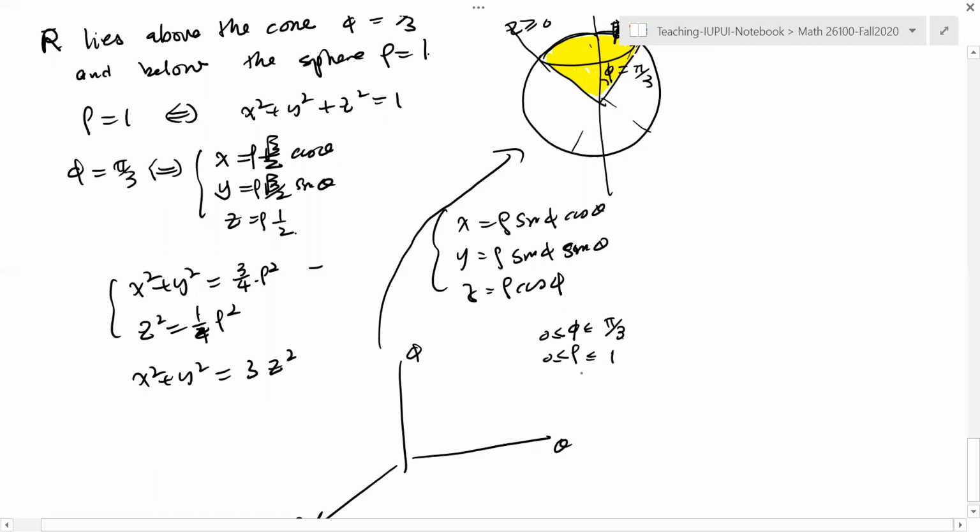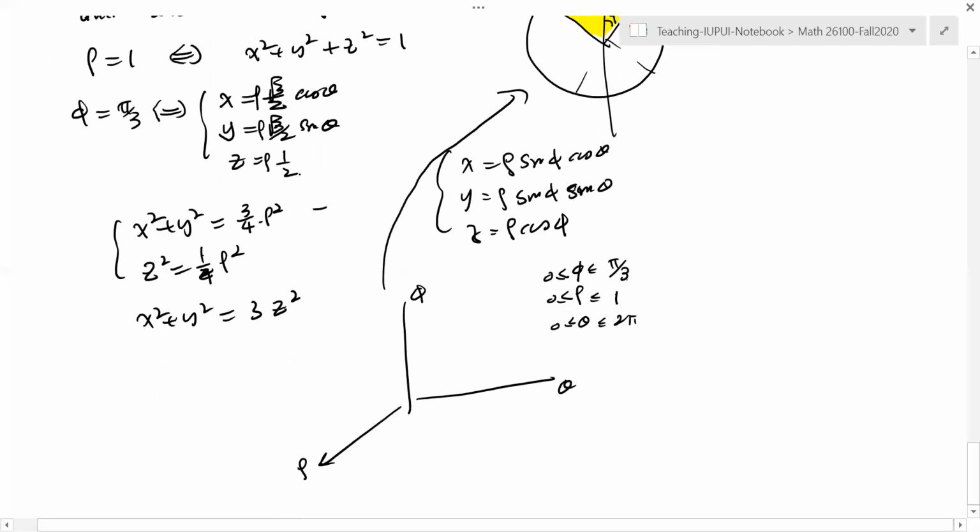How about theta? There is no restriction on theta, so you rotate around the whole circle. Theta is between 0 and 2 pi. So actually you get a box: 2 pi, 1, and pi over 3.